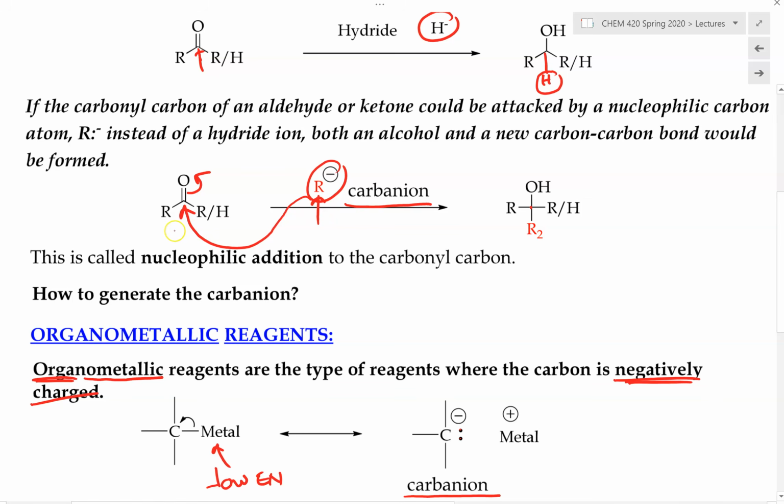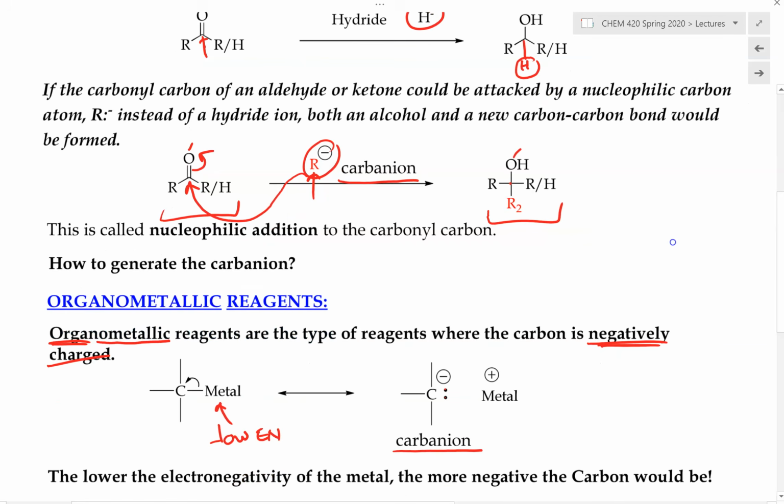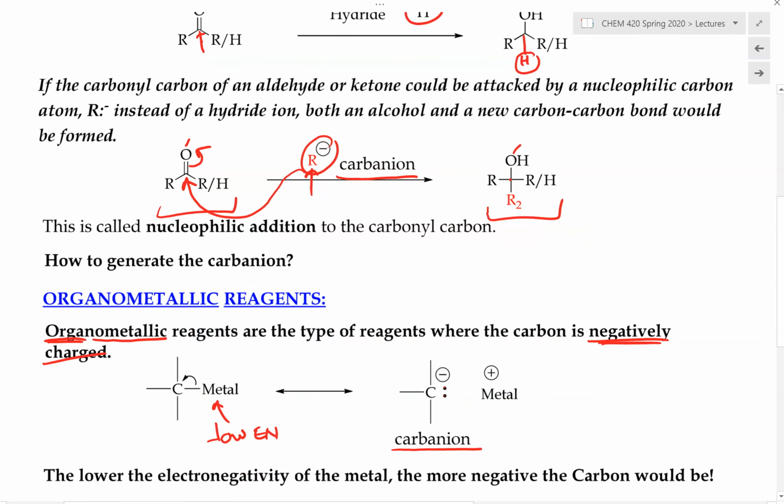Looking at the structure of the starting material and the product, we do not see hydrogen getting added, and we do not see the removal of an electronegative atom such as oxygen, because the oxygen is here and is still retained in the product. So therefore, we do not consider this to be a reduction reaction.